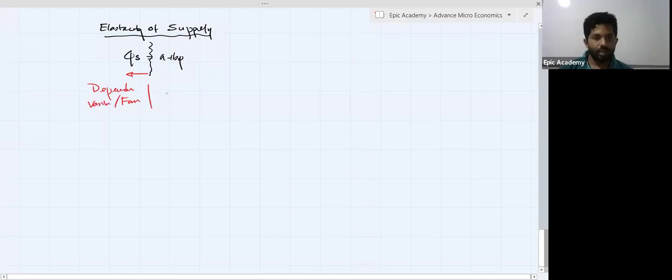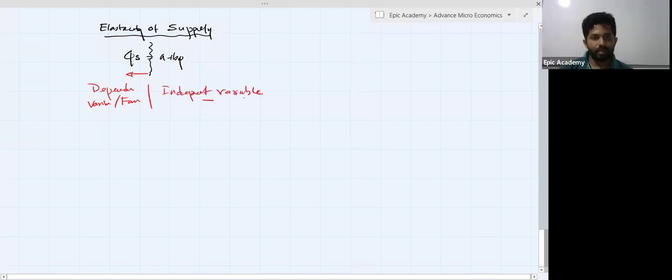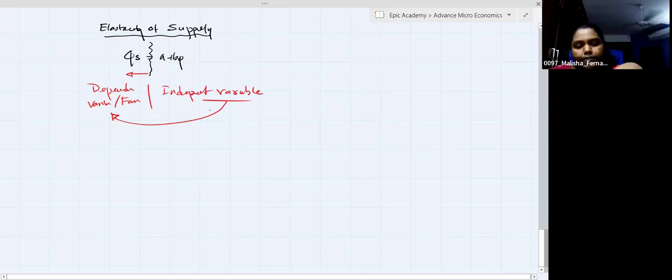The right side always represents the independent variable, the independent factor. The independent factor can be changed. The response of the dependent factor to a change in the independent factor is what we call elasticity.